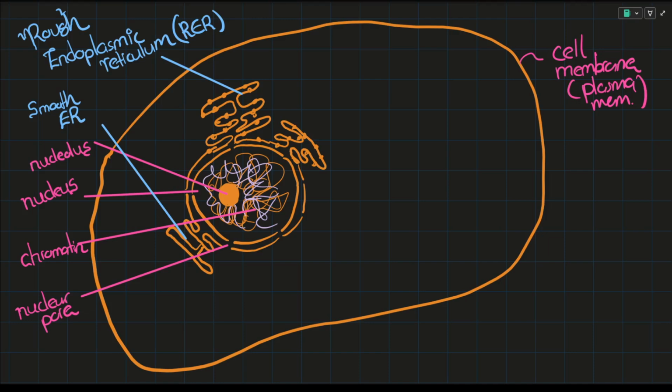So for further clarity: ribosomes, yes; ribosomes, no. That's the difference. If you have ribosomes, it's rough. It has a rough appearance. RER, rough endoplasmic reticulum. I'll foreshadow a little bit.